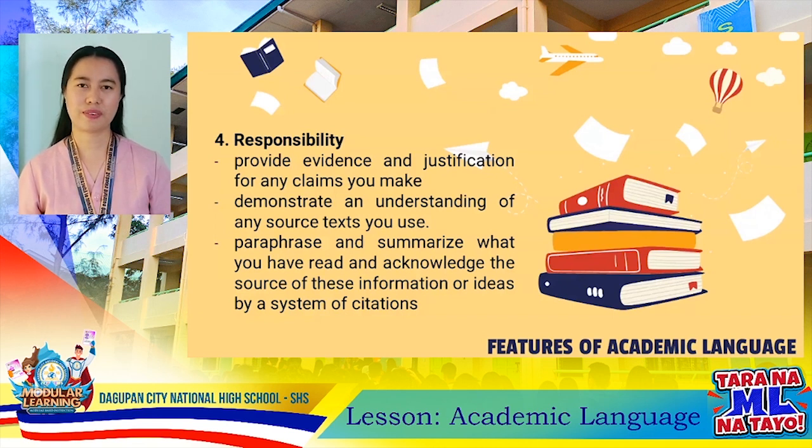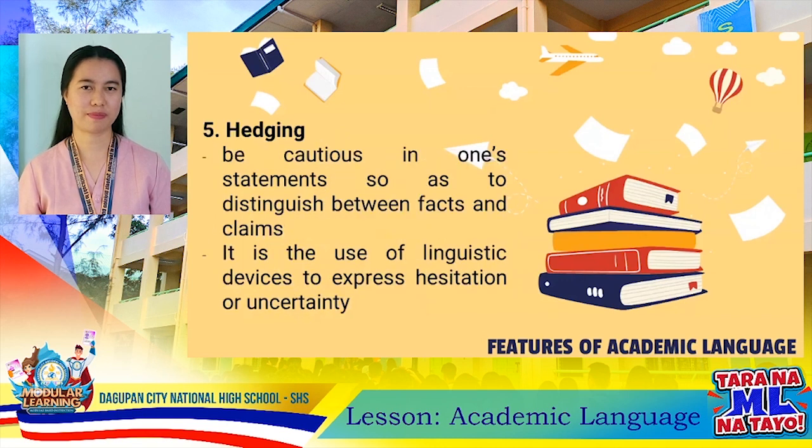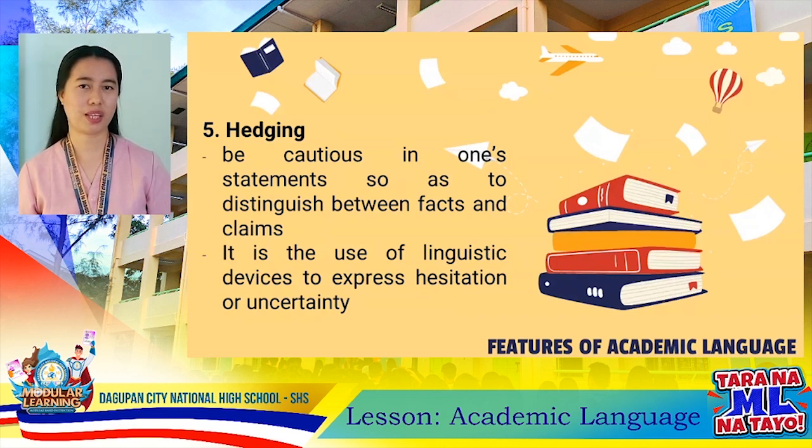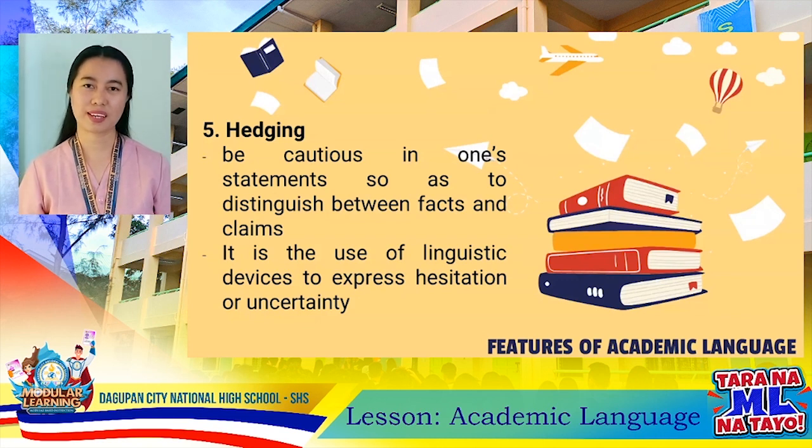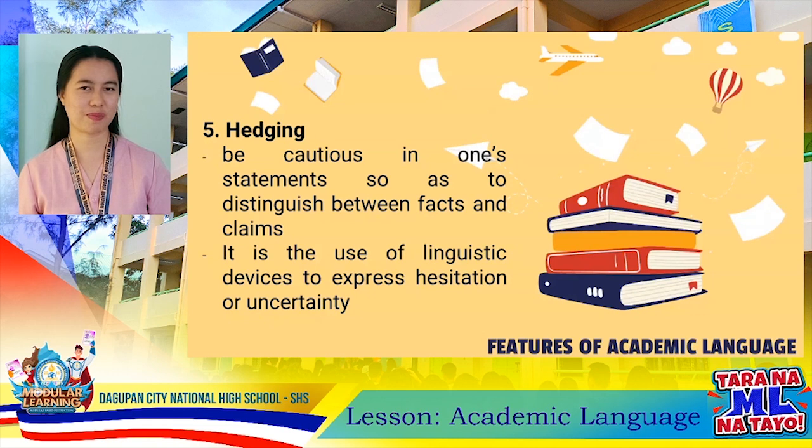The fifth feature of academic language is hedging. Be cautious in one's statements so as to distinguish between facts and claims. Hedging is the use of linguistic devices to express hesitation or uncertainty. Have you heard other people start a statement with I believe, I think, and actually? These are hedging expressions.